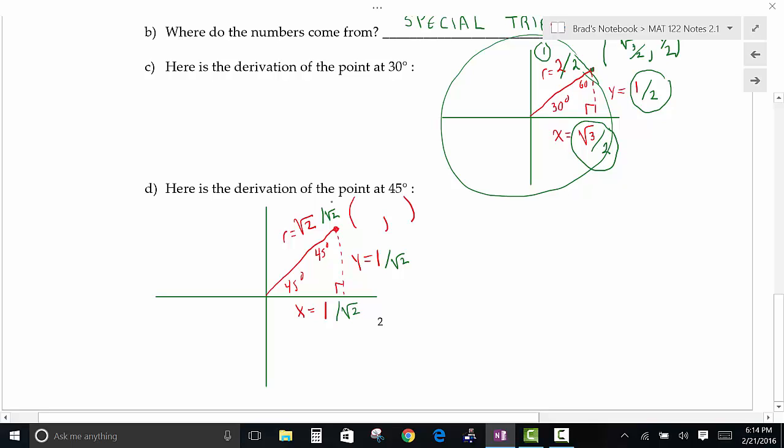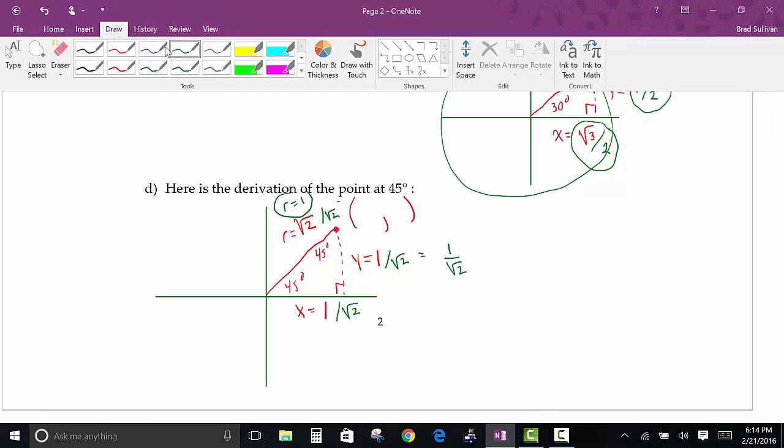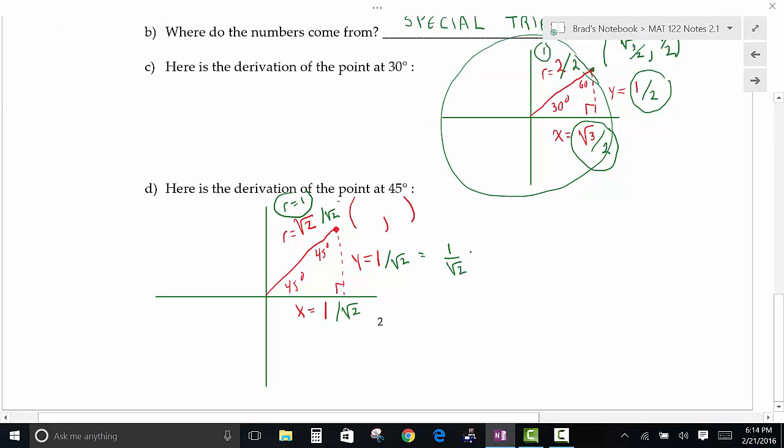So this radius would become r equals 1. Now this side right here is going to be 1 over square root of 2, so we can rationalize that denominator the way we've learned, by multiplying by square root of 2 over square root of 2. So that's going to give square root of 2 over 2. So that y value on this unit circle is square root of 2 over 2.